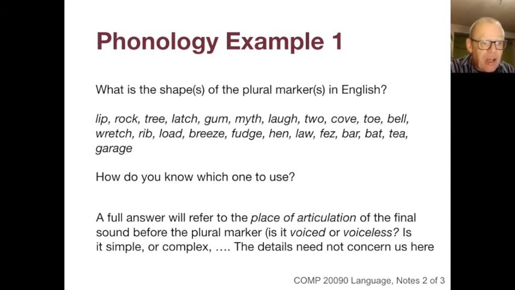A full answer to that kind of question would refer to the final sound before the plural marker, so the p in lips, the k in rocks, the vowel e in trees, the complicated ch sound in latches, and it would have to consider whether that sound is, as we say, voiced or voiceless, and is it simple or complex? We don't need to get into the details here, but this is the kind of puzzle solving that goes on in phonology.